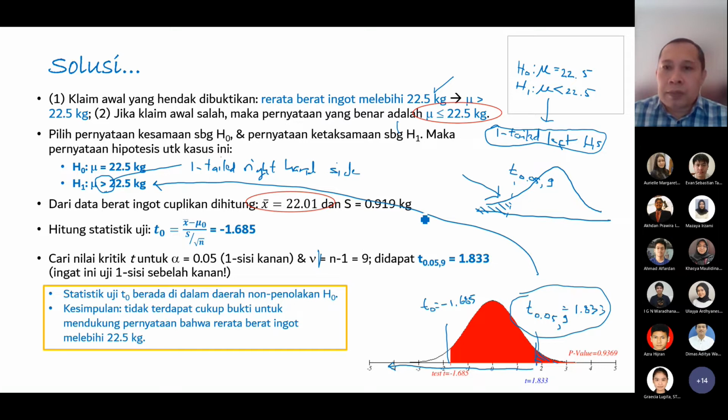So thereby, the T0 also stays at minus 1.685. Now, of course, because the T distribution is symmetrical, we can pretty much just mirror the critical T value from the previous problem into this one here.